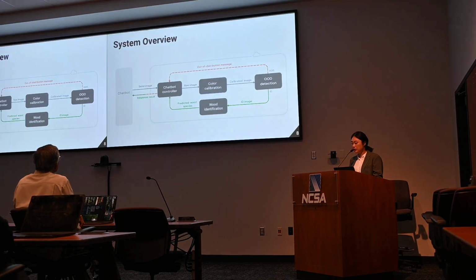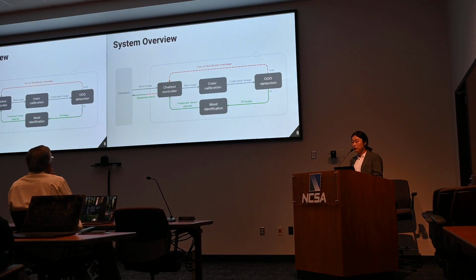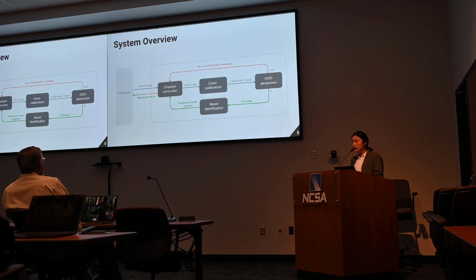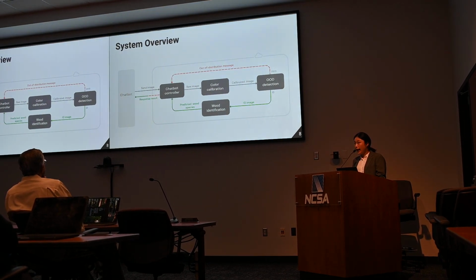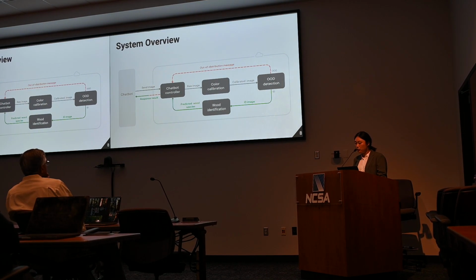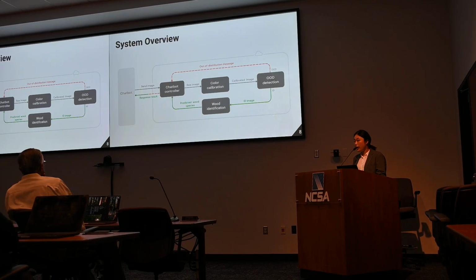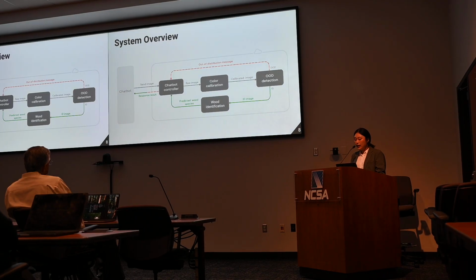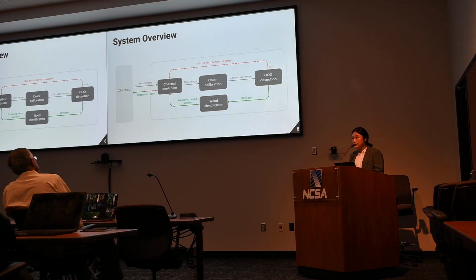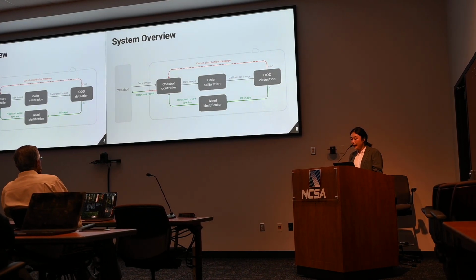The proposed system is composed of 4 components: a Chatbot interface, a color calibration module, an OD detection module, and a wood identification module. The workflow starts when a user uploads an image via the Chatbot. The Chatbot controller then sends the image to the backend.